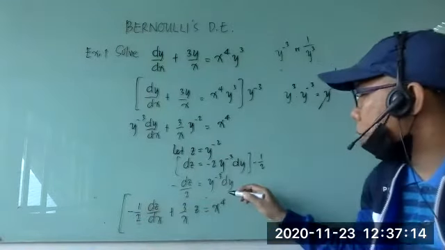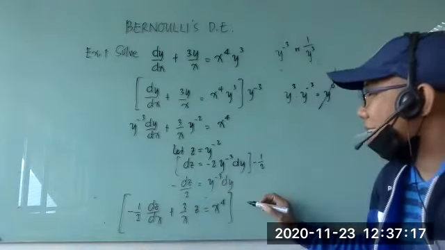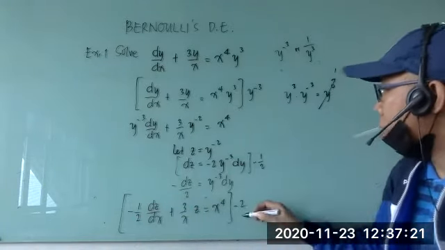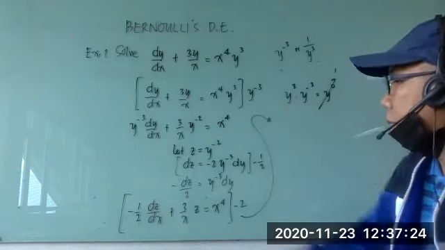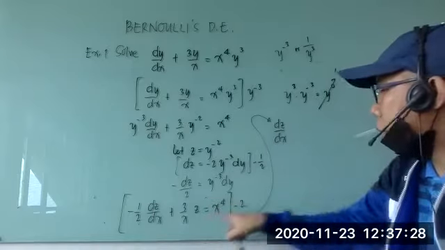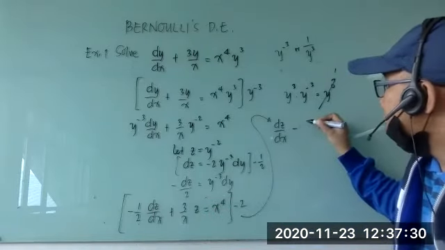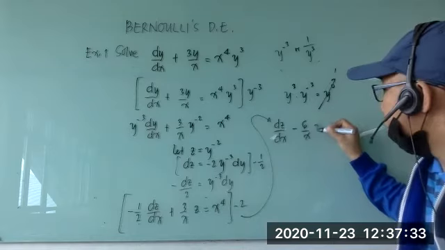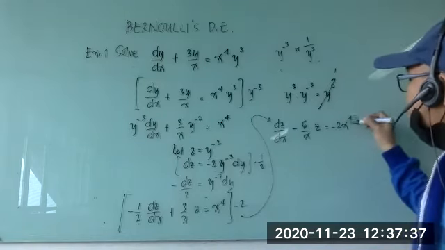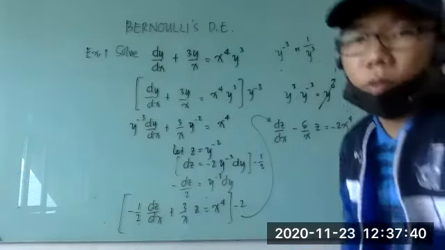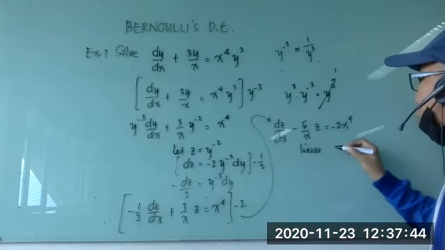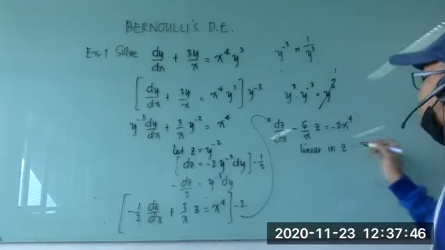So we multiply both sides of the equation by negative 2. And this will become dz over dx. The second term will become negative 6 over x times z equals negative 2x raised to 4. Okay, now this is now linear in terms of the variable z.